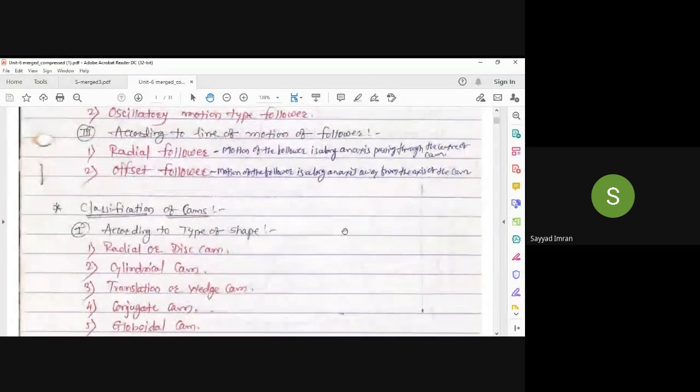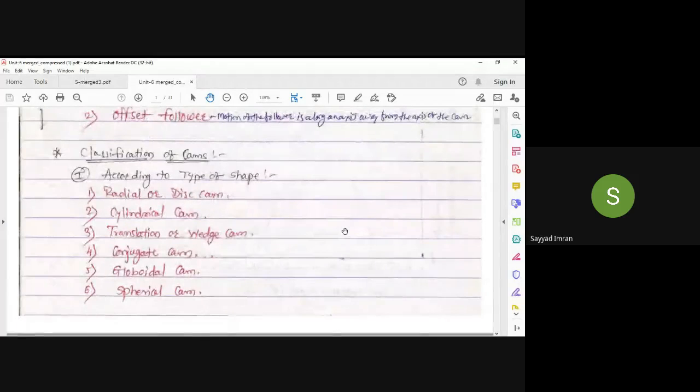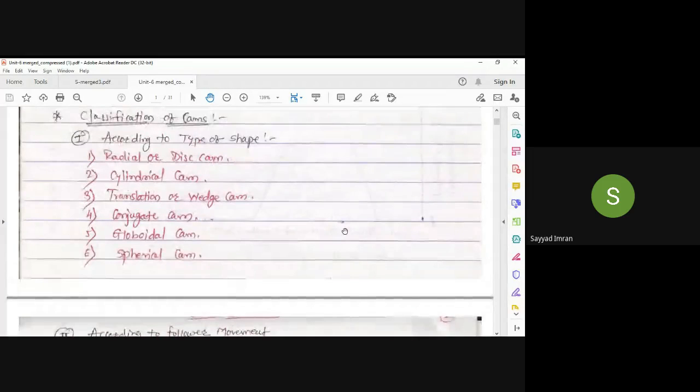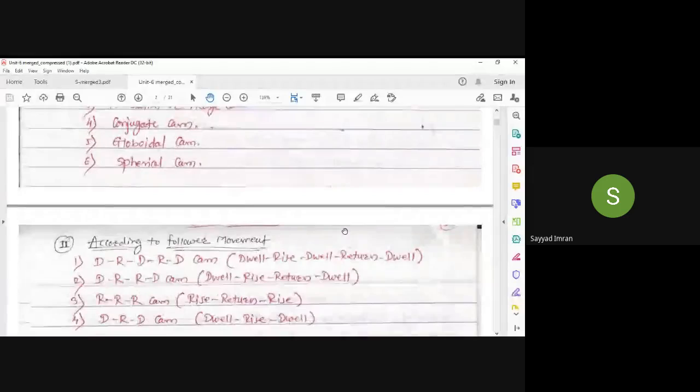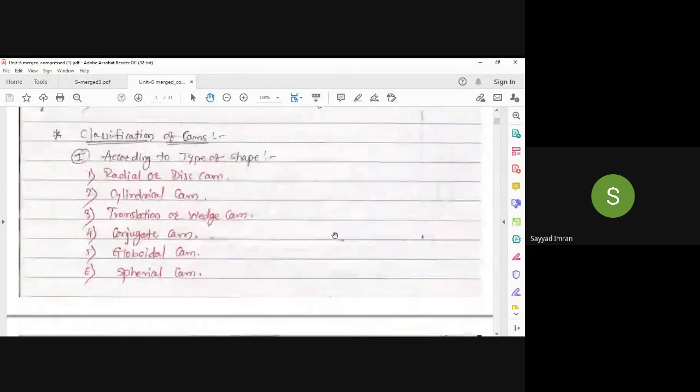Next one is classification of cams. These also have some criteria: according to type of shape, according to follower movement, and according to type of constraint of the follower. According to type of shape, there is the radial cam or disc cam. Second is the cylindrical cam.